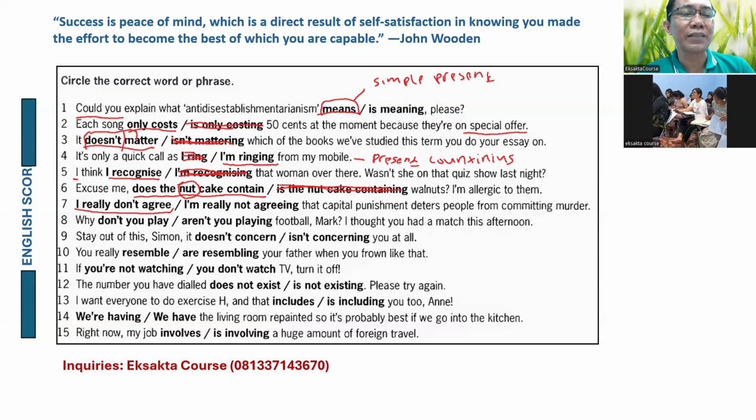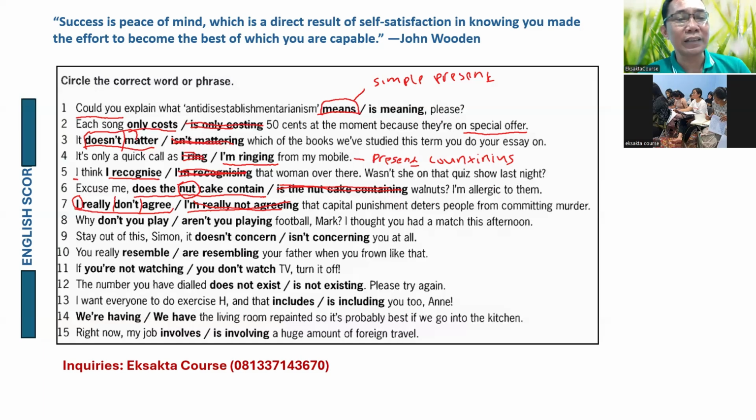Because the subject is I. We can circle I. So the answer is don't agree. If the subject is I, you, we, they, for negative with a verb, use do not or don't. But if the subject is she, he, it, the negative uses doesn't if there is a verb. It is simple present.